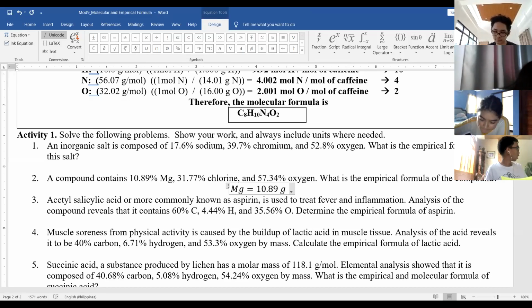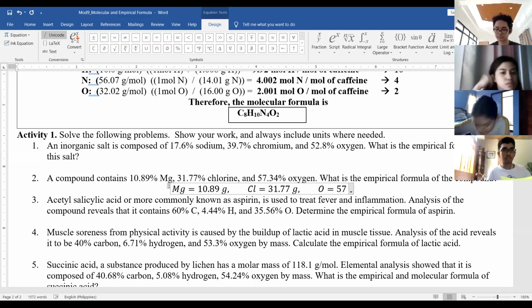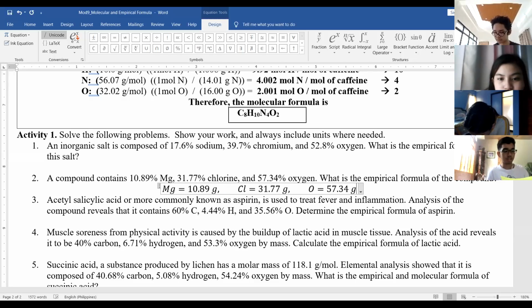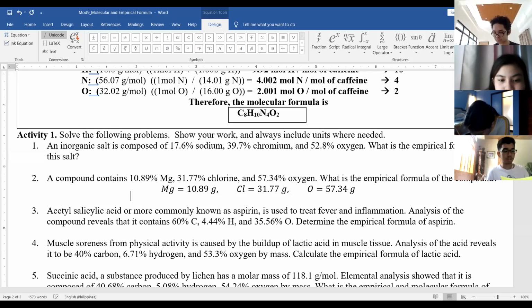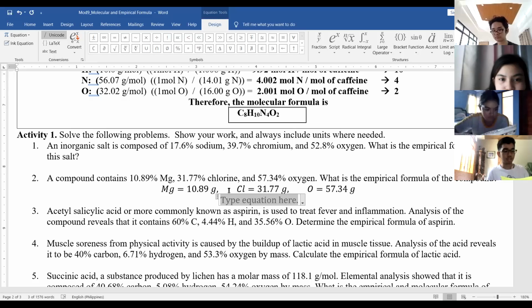For chlorine, with 31.77%, chlorine will have 31.77 grams. And lastly, for oxygen, we have 57.34%. So the mass of oxygen in a 100-gram sample is 57.34 grams. That is the first step, change the percent to mass.